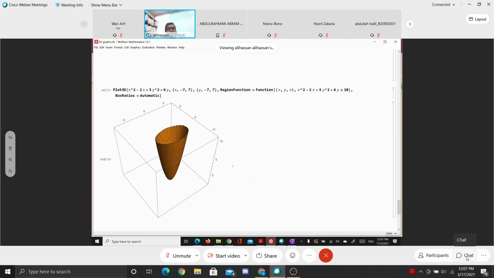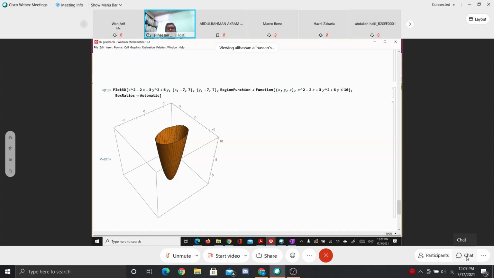And here is the computer plot. Here I'm using the software Mathematica to generate this 3D plot. So the equation that we discussed just now was x squared minus 2x plus 3y squared plus 6y. Here I have specified the range of values for x and y, and then this another command here.